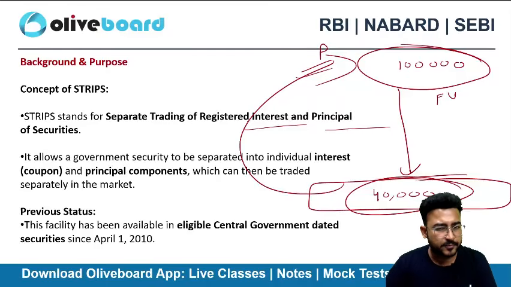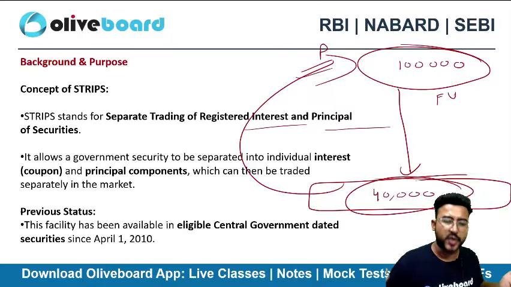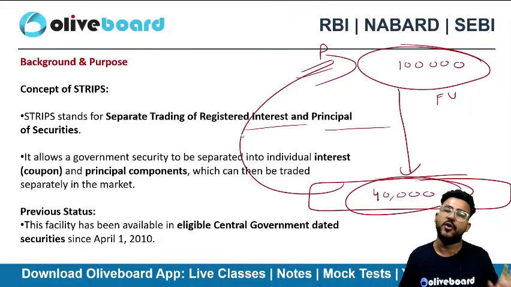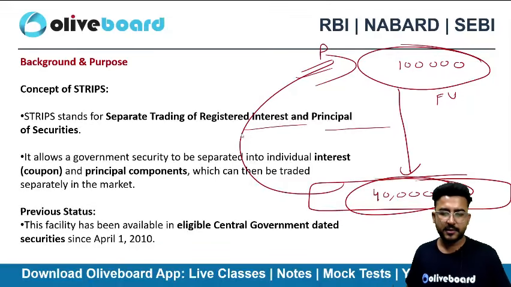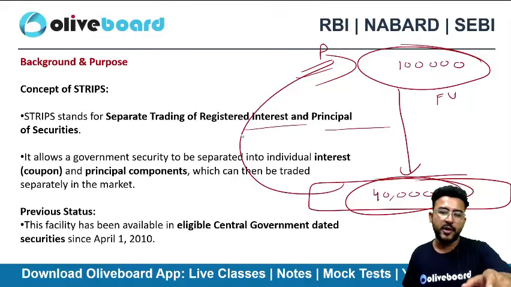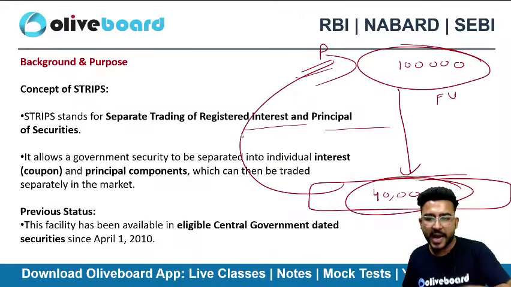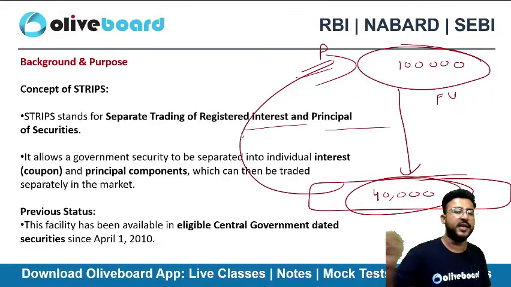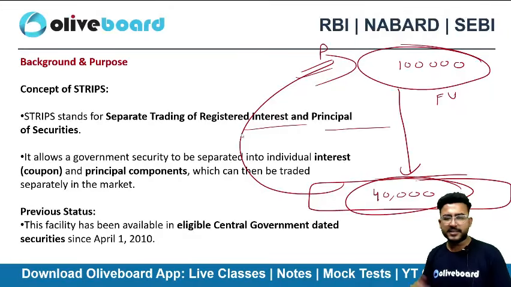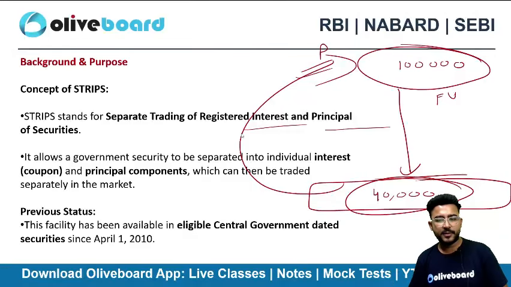So that's what the benefit is, right? That's what the time value of money is. So can I say that these securities will be traded as zero coupon securities, ZCBs? Why? Because they are offered at a discount right now. She can buy the bond's principal component right now at 40,000 rupees, and after 10 years, I'll be paying her 1 lakh rupees. So don't you feel it's a zero coupon bond as well?